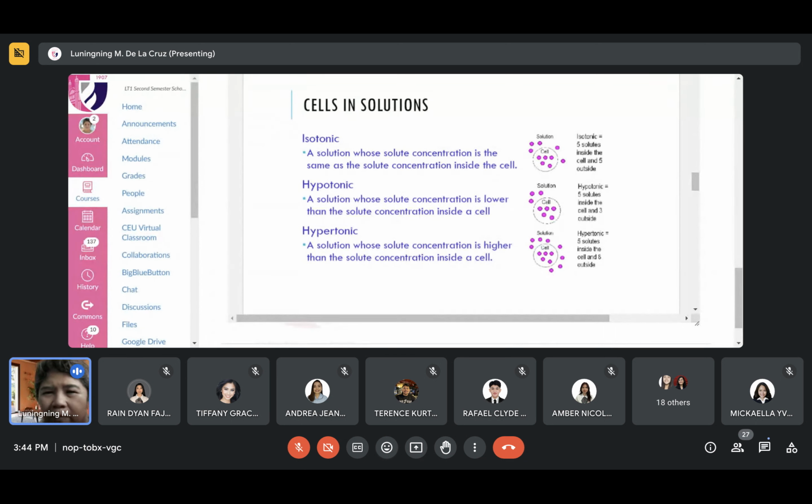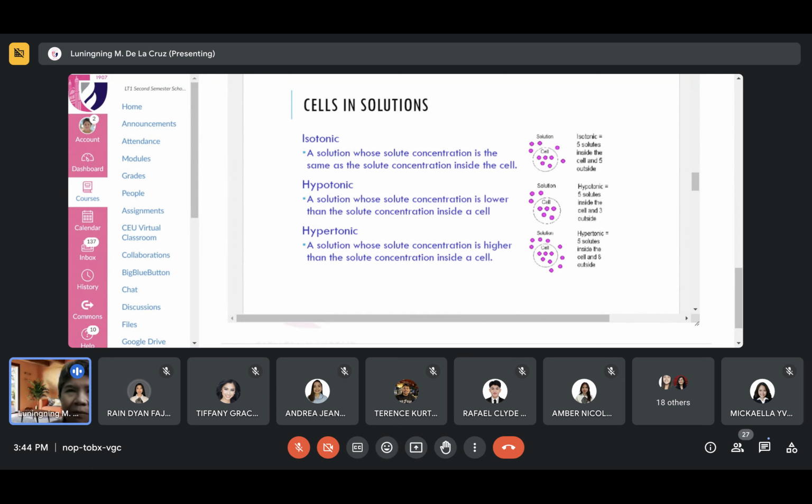Look here, there are more purple inside the cell compared with that of outside the cell. So this one is a hypotonic solution. Now, the tendency of water here is to get inside the cell. So in a hypotonic solution, the water enters the cell, and when the water enters the cell, it slightly expands itself.